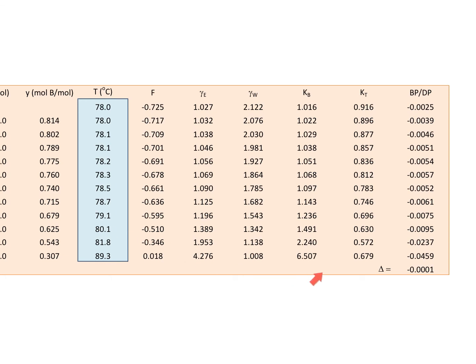But then the very last statement said, take a look at the guessed distillate composition and compare that to the distillate composition, or in other words, the liquid composition leaving the total condenser, and change the distillate composition until this value is 0. Well, that kind of messed up all of these. And so we're going to have to run this macro several times in order to get the final answer.